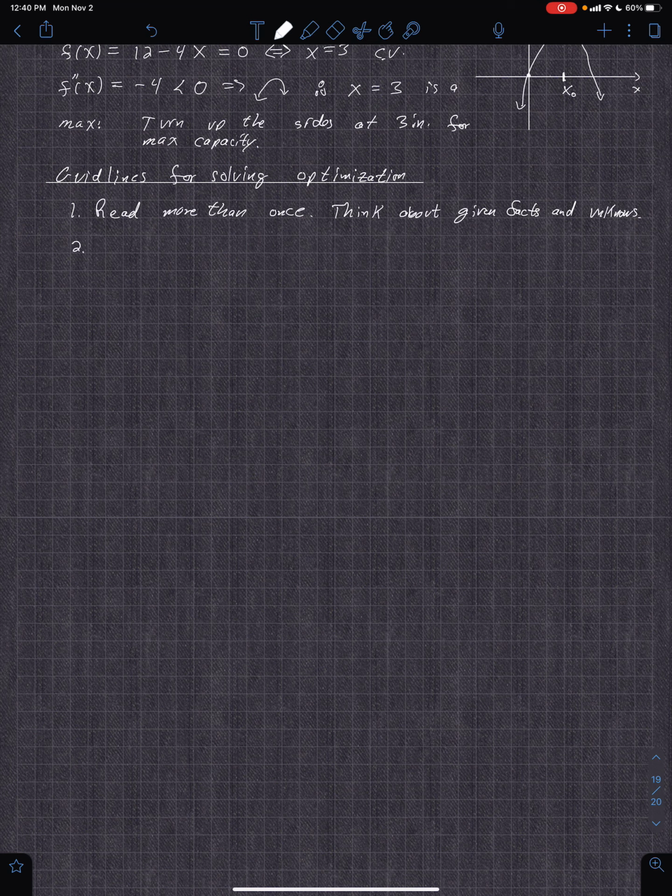Number two is sketch a diagram. Anytime you can sketch a diagram, you need to do that. You want to get a visual depiction of what's going on. Then label the diagram and, at the same time, define variables.